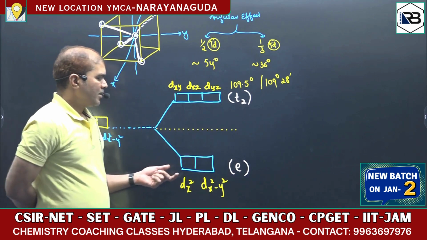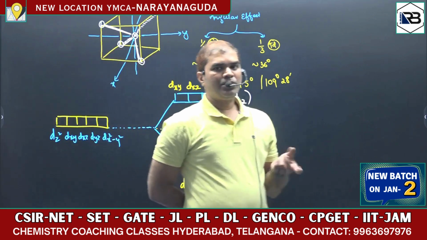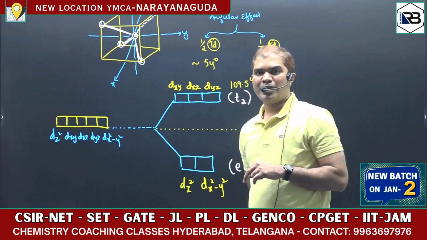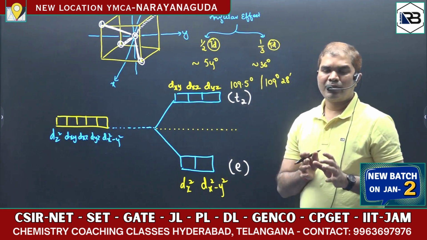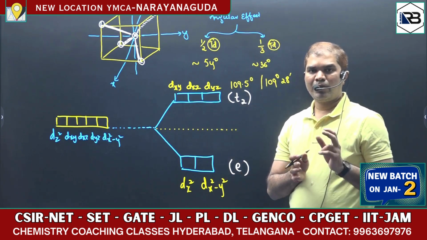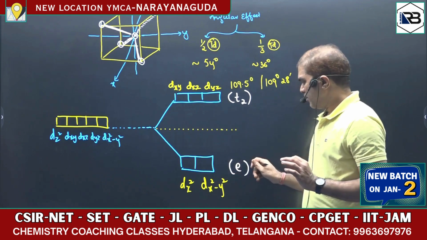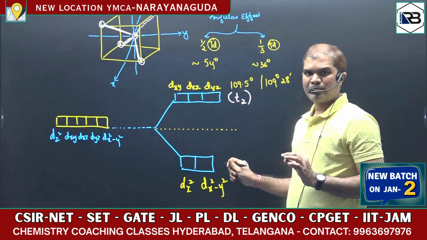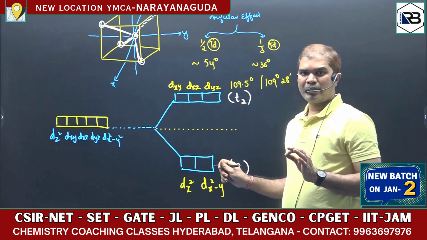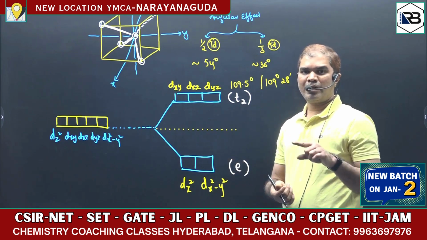But one change is that in tetrahedral, the geometry itself does not contain a center of inversion. When the geometry does not contain a center of inversion, though d orbitals have inversion, parity should not be shown. Every d orbital has inversion, but first of all you have to check the geometry.